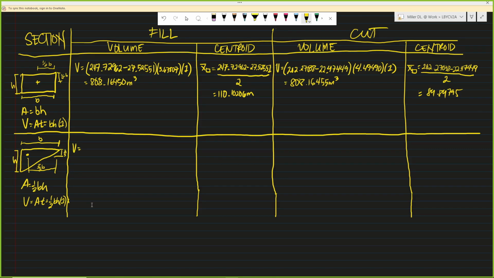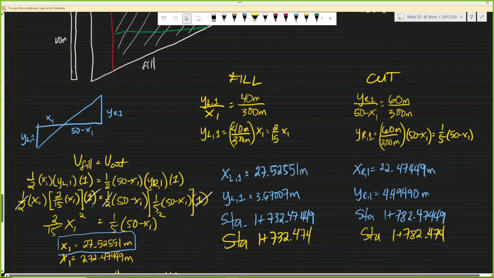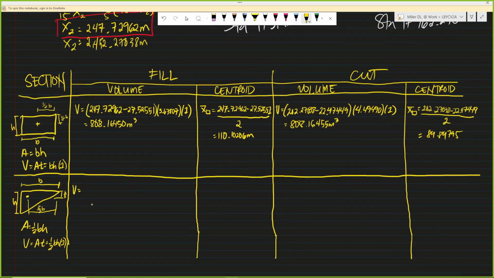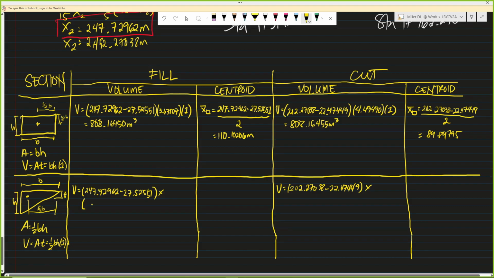So, same pa rin yung sa base, which is 247.72962 minus 27.52551 times, dito muna, 202.27038 minus 22.47449 times, okay, yung altitude naman.